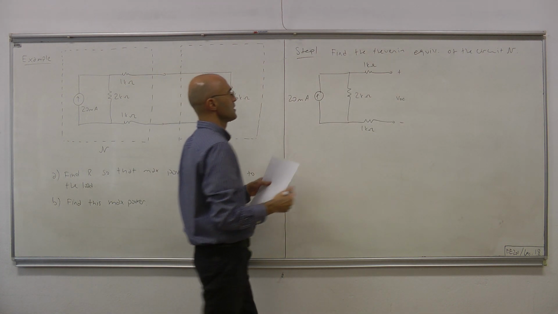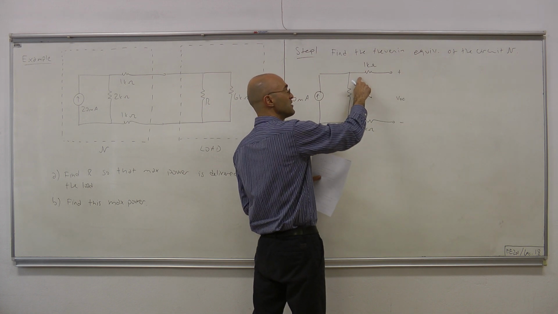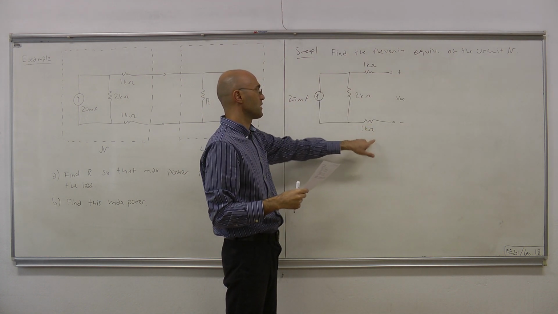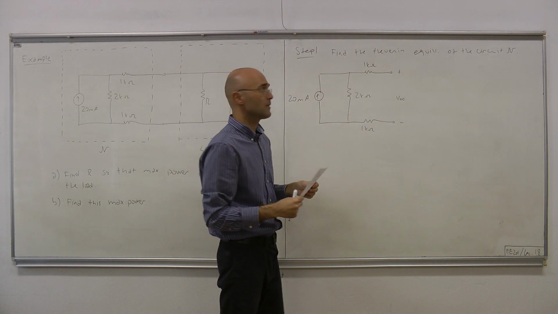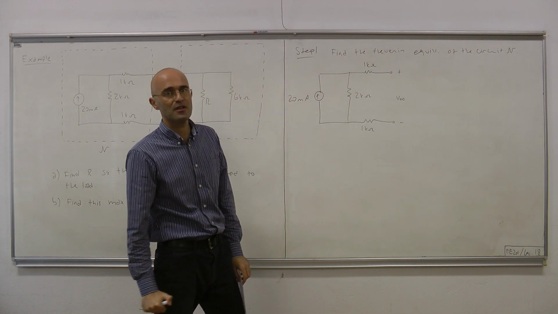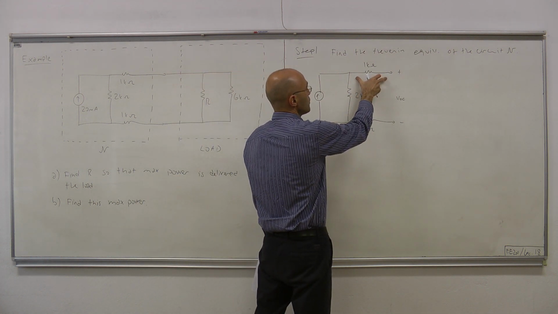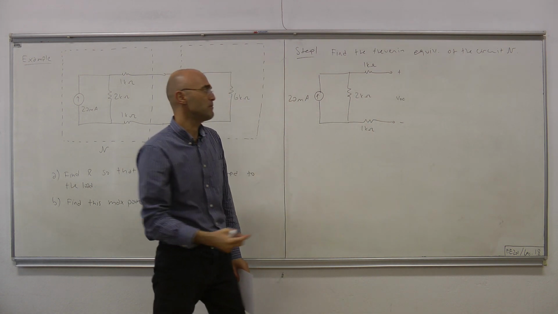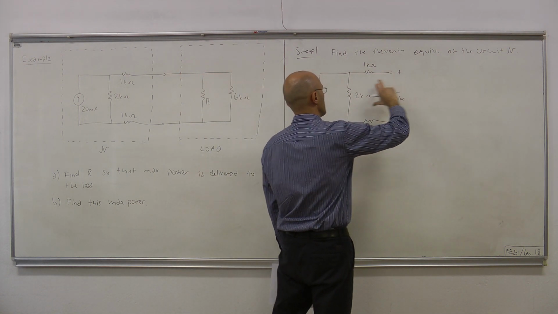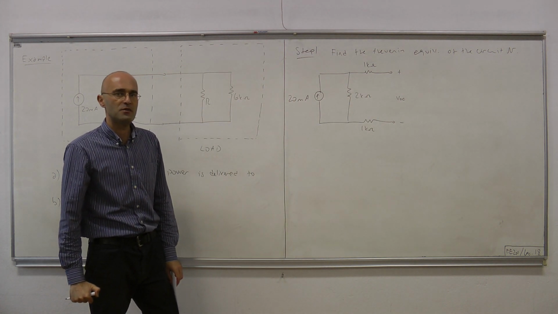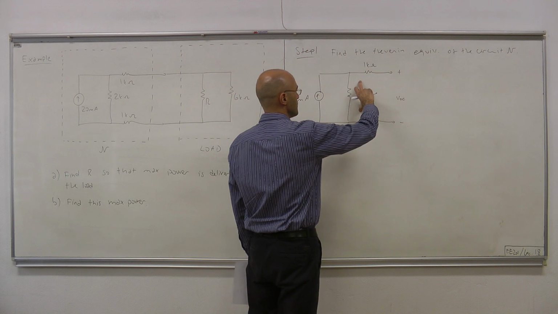Now, since this is open circuit, there's no current flowing over this 1K resistor or this 1K resistor. And since there's no current flowing over them, 0 times the resistance equals 0. Therefore, the voltage drops across these terminals are 0. So this voltage must equal the voltage across the 2K resistor.